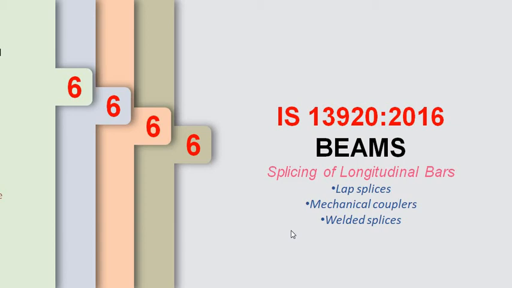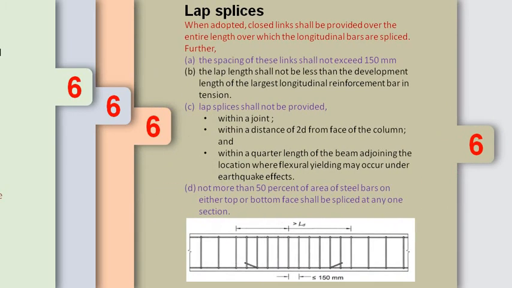Talking about the lap splices, when lap splices are adopted, the closed link shall be provided over the entire length over which the longitudinal bars are spliced. Further, the spacing of these links shall not exceed 150 mm.